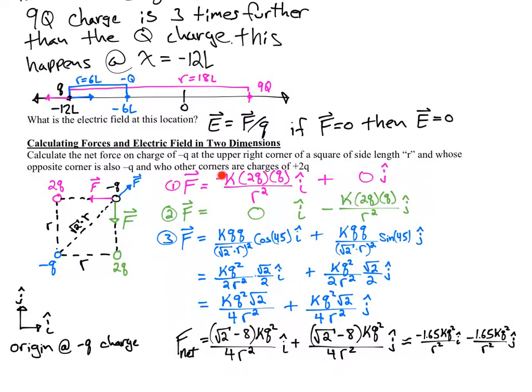The 4 on top multiplies with this 2 to give me an 8 on top. That's where this 8 comes from. Look, 8 over 4 is 2, and that's what we have on top here, 2. And it was negative, so that's why the 8 is negative. This one was in the positive i direction, which I forgot to put another i right there, so I just added this i in. I forgot that little vector.